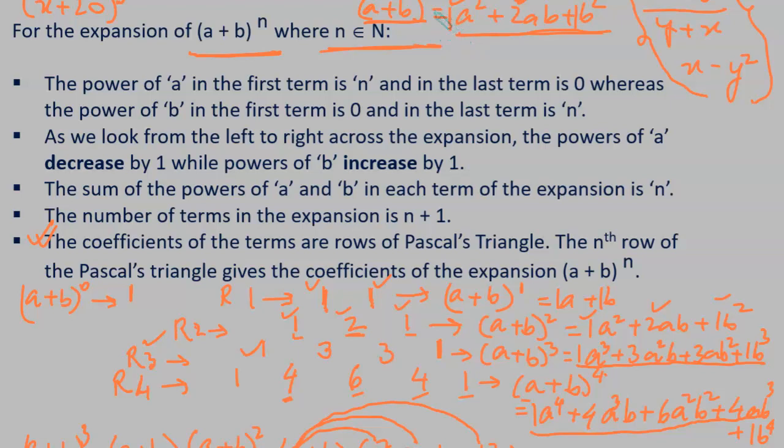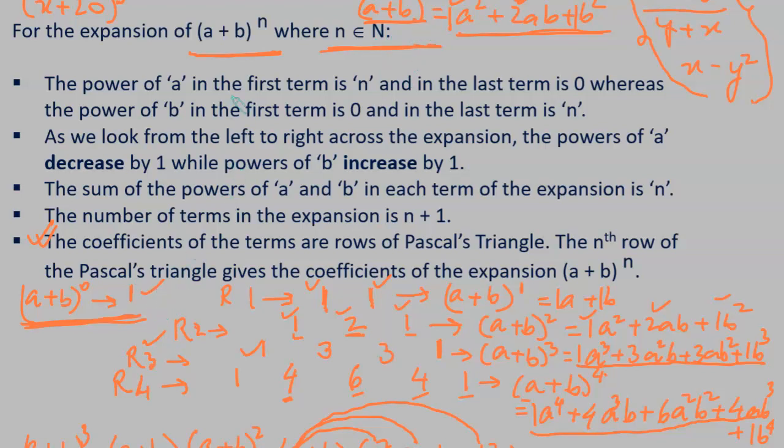Starting value of n is equal to 1. That is why I did not include this row in the Pascal's triangle, because I have said that n belongs to the set of natural numbers where the smallest value that n can have is 1. So I cannot include this row, a plus b raised to the power of 0. Had I written n belongs to the set of whole numbers, I could have included this.